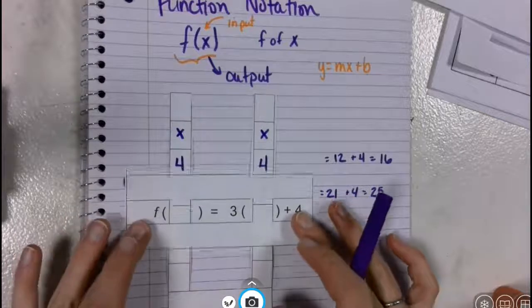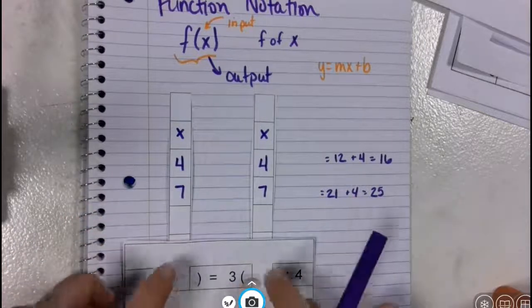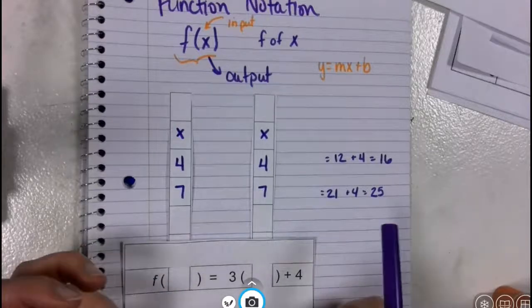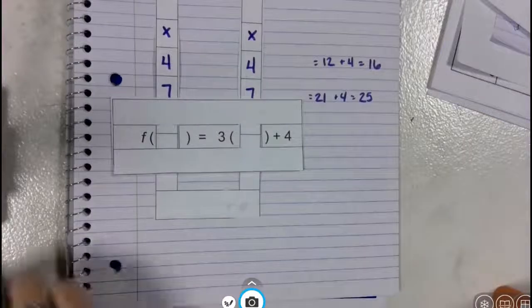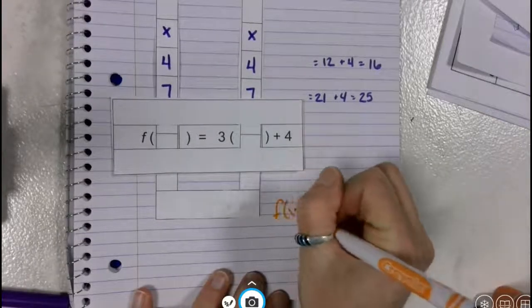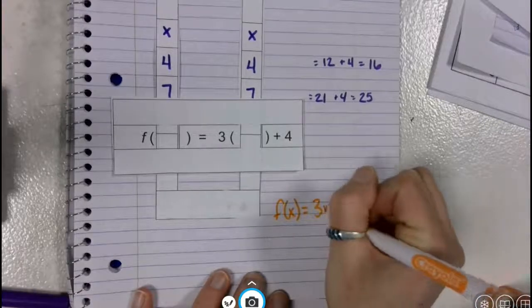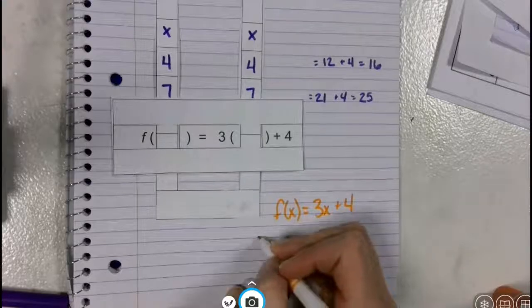Now you have a couple more examples, and I want you to keep this slide and create a couple more examples so that you get the hang of what this really means. If I gave you this same equation, f of x equals 3x plus 4, that's what we're looking at here. Now I'm going to say find, right?